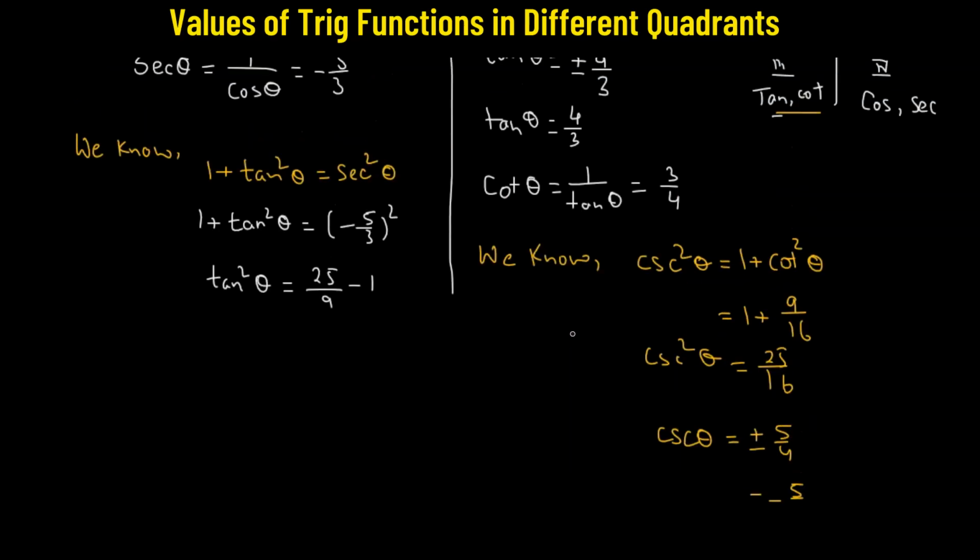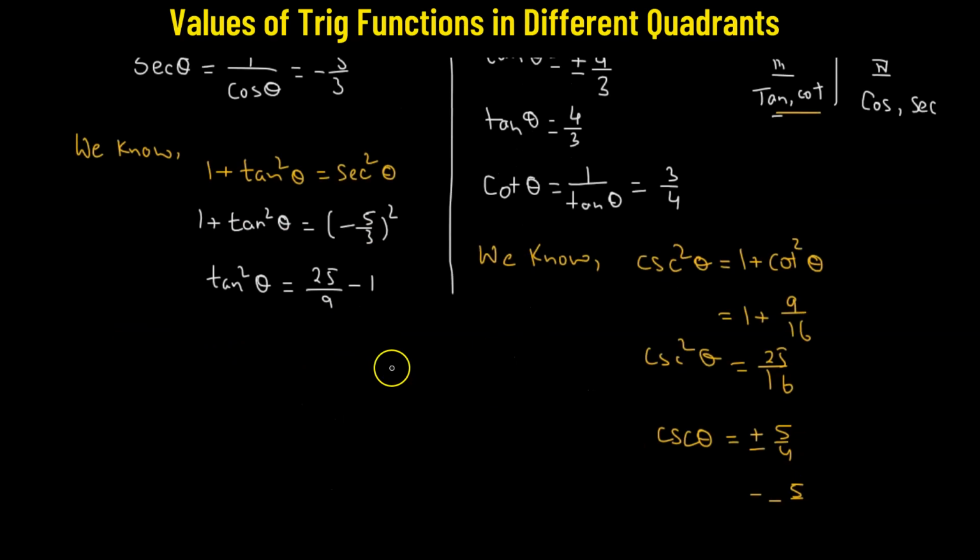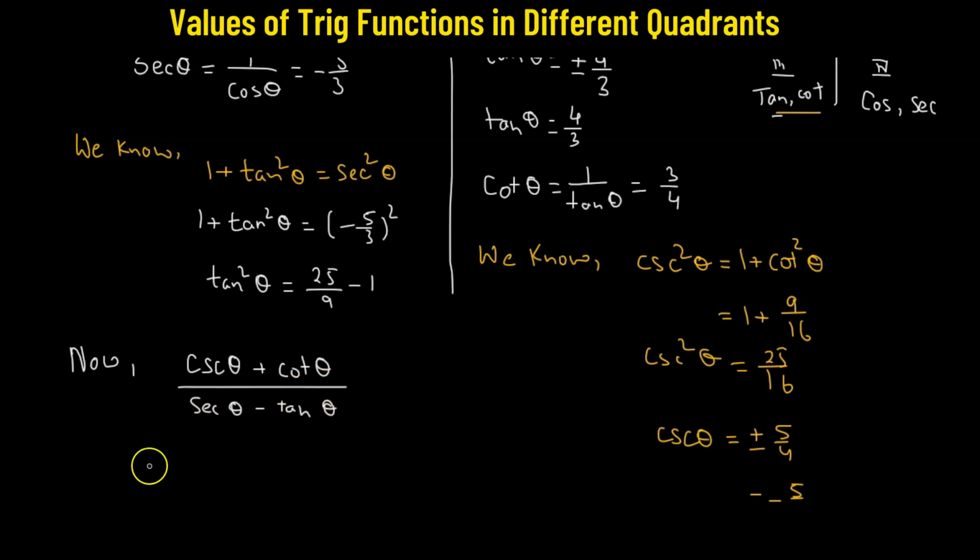So now we have obtained the value of all the trigonometric functions. So let's find out the value of cosecant theta plus cotangent theta. We now have to find the value of cosecant theta plus cotangent of theta, whole divided by secant of theta minus tangent of theta. So we'll substitute the values here.